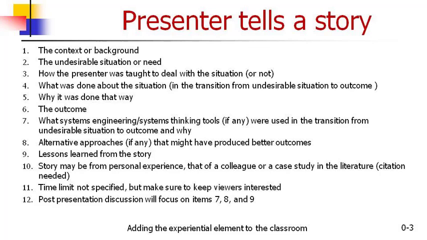What was done about the situation, how the transition was made from the undesirable situation to the desirable outcome, why it was done in that way, what the outcome was, what systems engineers or system engineering or systems thinking tools, if any, were used in the transition and why they were used, alternative approaches that might have produced better outcomes, thinking about the whole story with 20/20 hindsight, and the lessons learned from the story. Those are the 9 basic requirements.